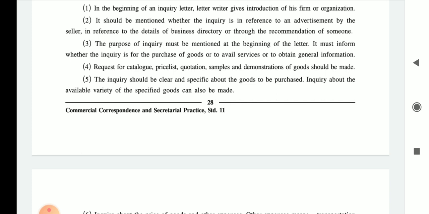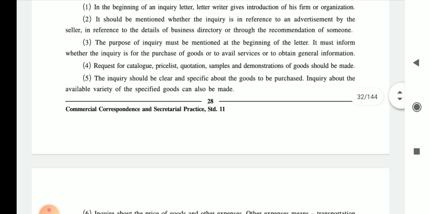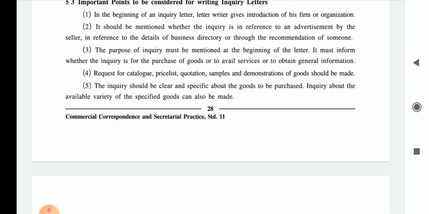Next, the purpose of the inquiry must be mentioned at the beginning of the letter. See, while writing this type of inquiry letter, you have to mention your goal, your motive for writing this letter. You have to mention it very clearly. It must state whether the inquiry is for the purchase of goods, or to avail services, or to obtain general information.